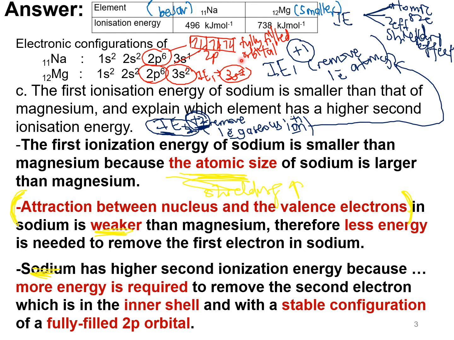Because if a p orbital is fully filled, it is difficult to remove that electron. So you will require more energy to remove this electron from a fully filled p orbital. Therefore the second ionization energy in sodium will increase, compared to magnesium.